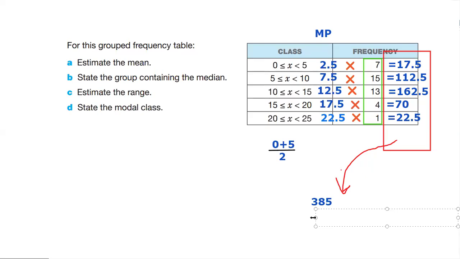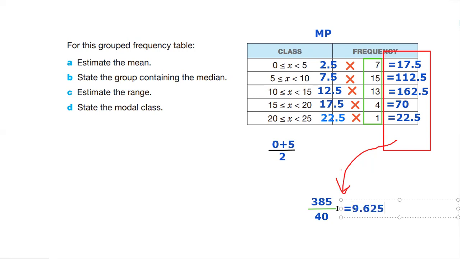The total frequencies are 40. So you divide the total number that we got here by the total frequencies, and you'll get the mean. And this is the idea of finding the mean and the right steps to find the mean. So 385 divided by 40, and the answer is 9.625.